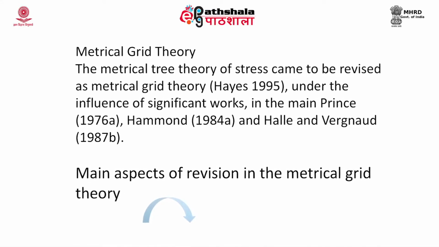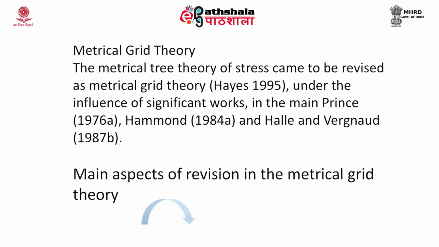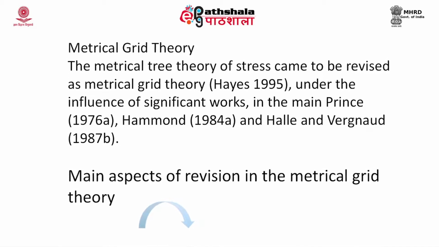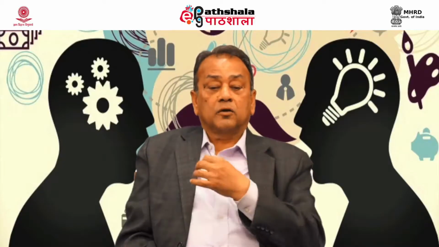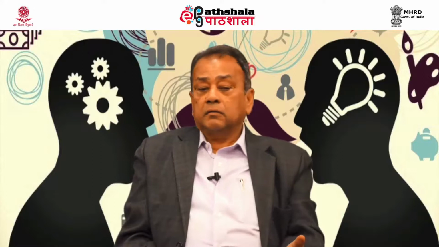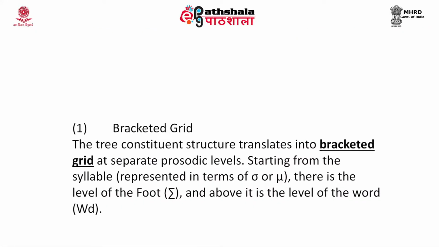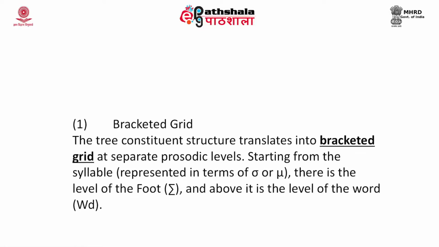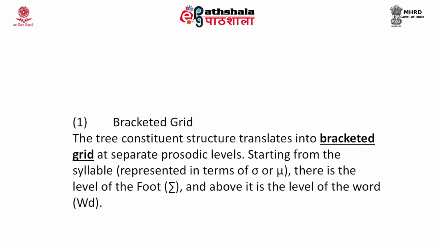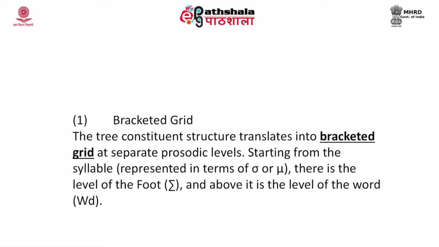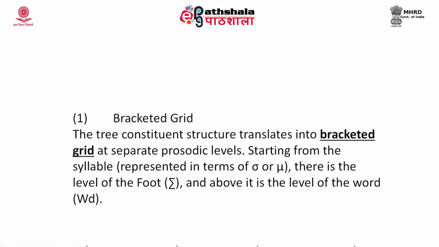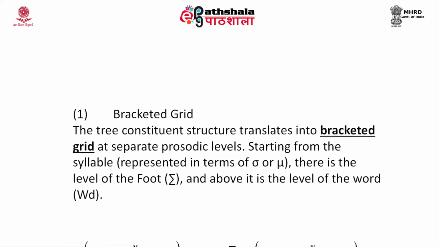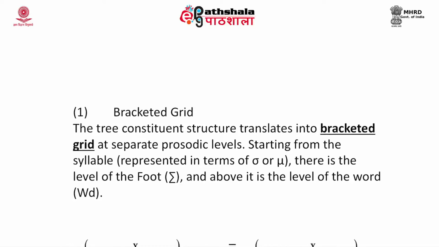The main aspects of the revision in the metrical grid theory from the metrical tree theory are discussed in what follows. First of all, one of the important constituents now added, available on a separate or independent level, is the bracketed grid. So the notion of bracketed grid is introduced here to stand for feet.